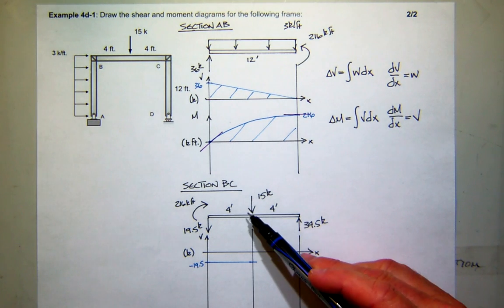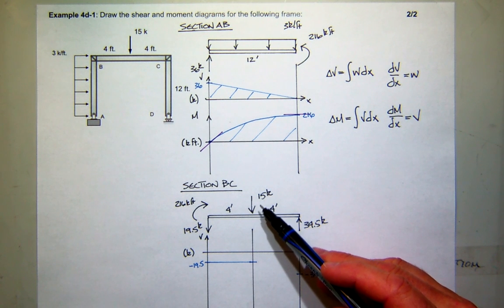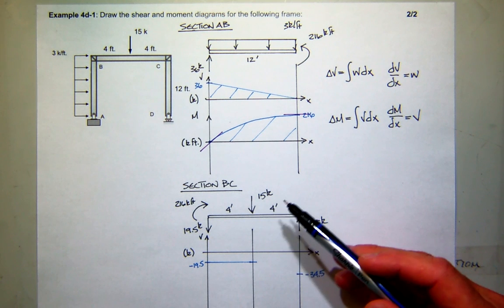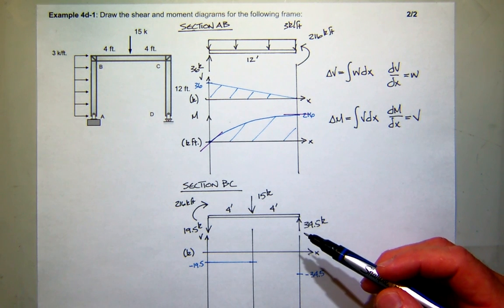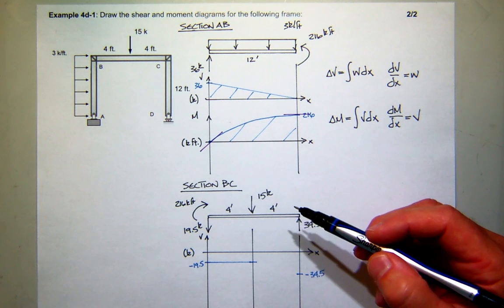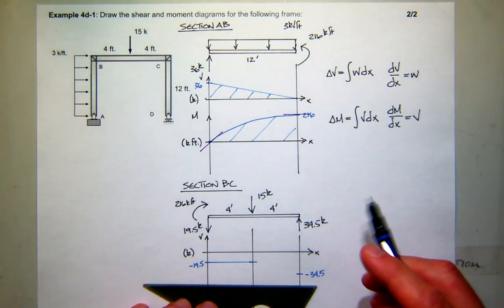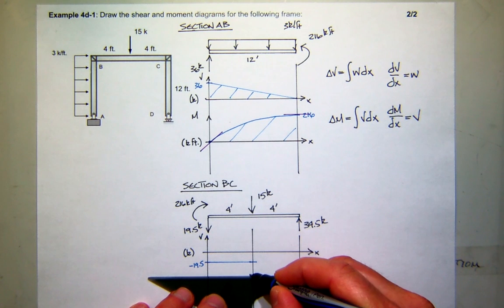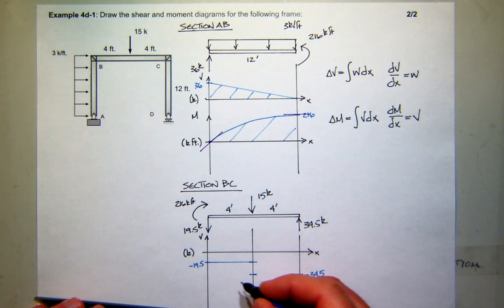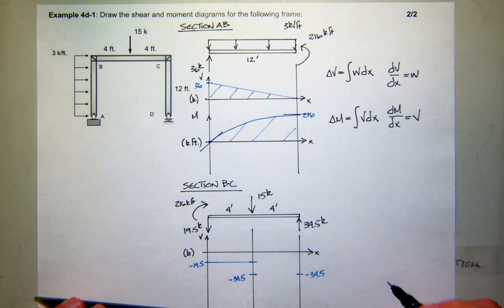Now as we go from the left side to the right side and pass under this 15 kip force, it changes our shear by how much? 15, negative 15. So that comes out to be negative 34.5. And now we know that it should be the same.